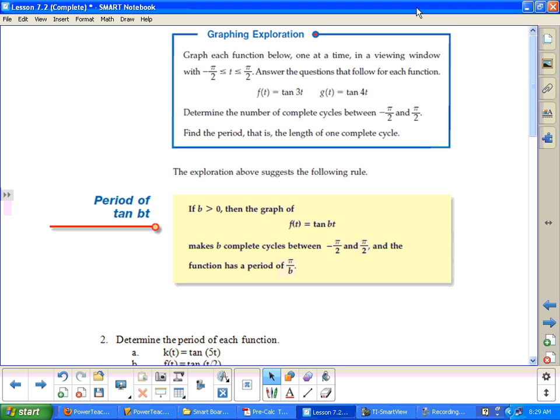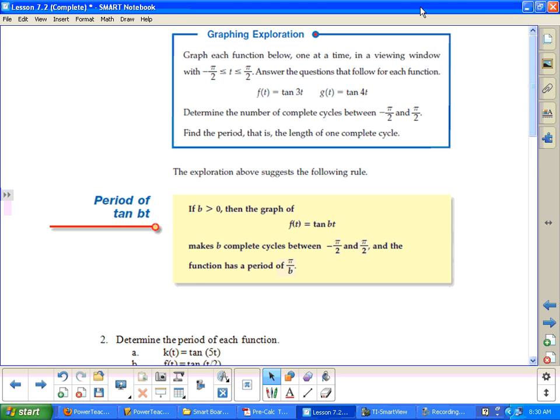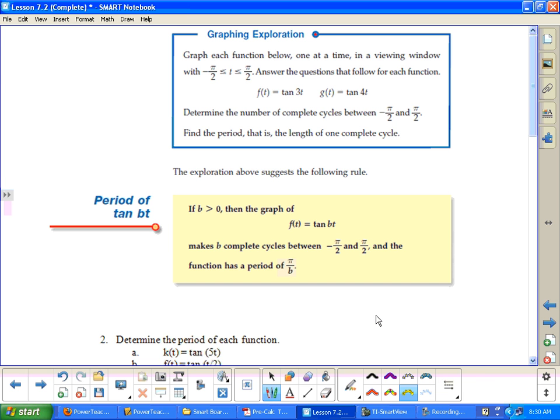Okay, so let's talk about tangent now. If you remember the graphs of tangent, tangent was a little different, wasn't it? Now they're talking about a viewing window from negative pi over 2 to pi over 2.